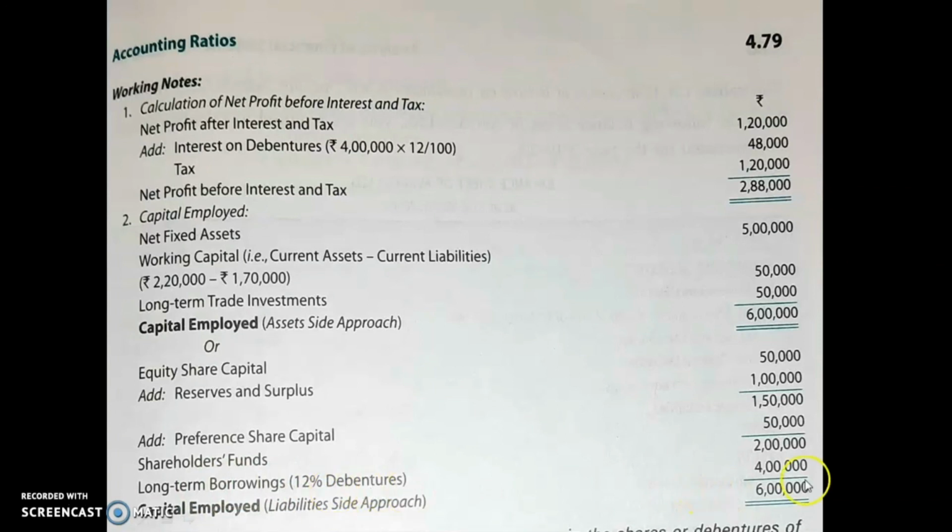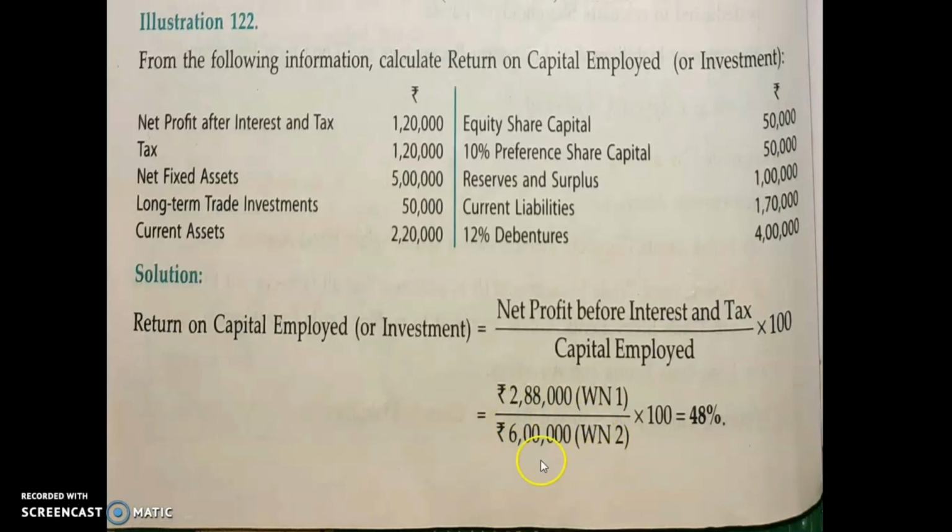So that also has to be added as per the formula. After adding all these items, you will get 6 lakhs as your capital employed under liability side approach. So you can use any one formula and you will get the answer as 6 lakh. That 6 lakh you substitute in the formula, and into 100, after calculation you will get 48% as your return on capital employed.